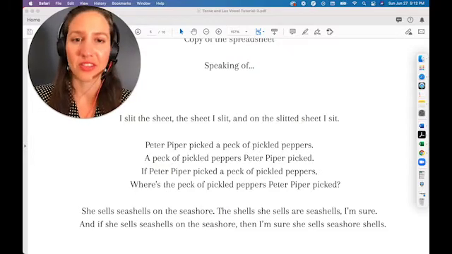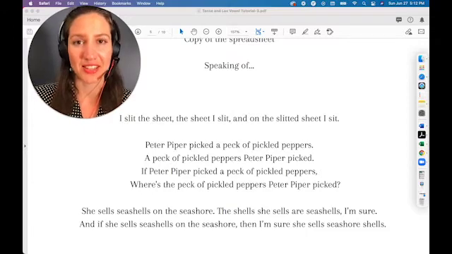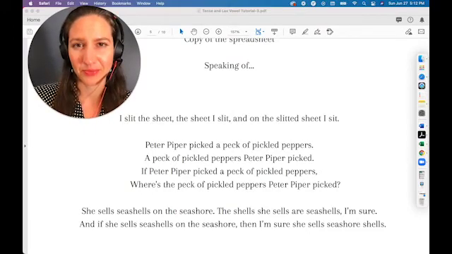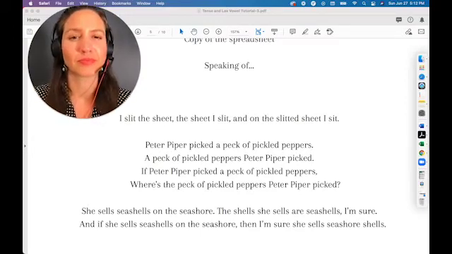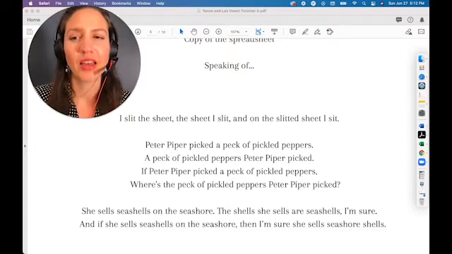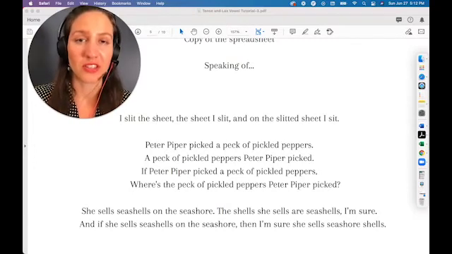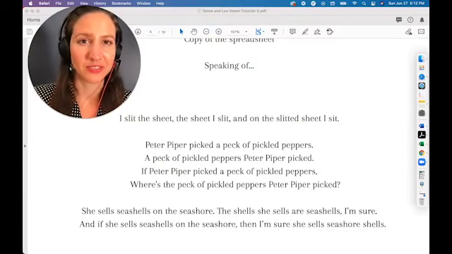And on the slitted sheet I sit. I slit the sheet I slit, and on the slitted sheet I sit.